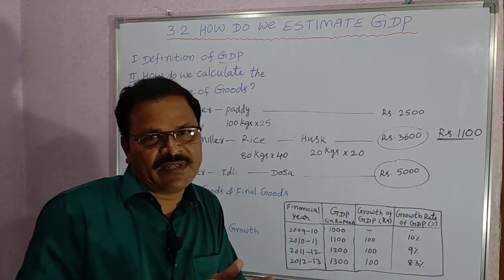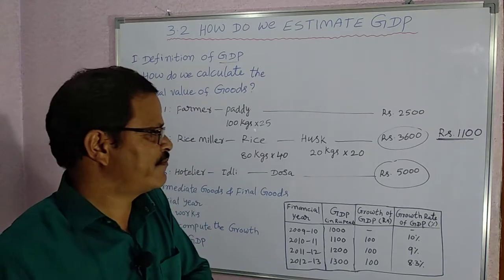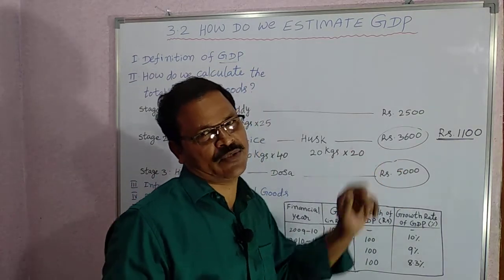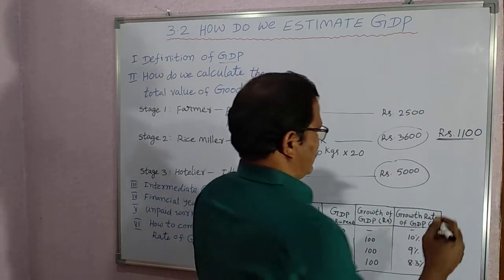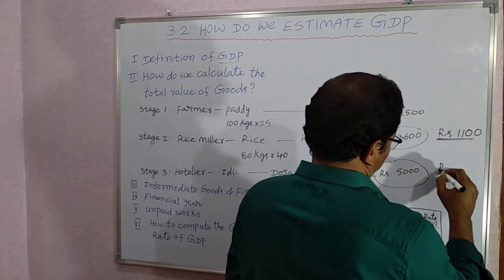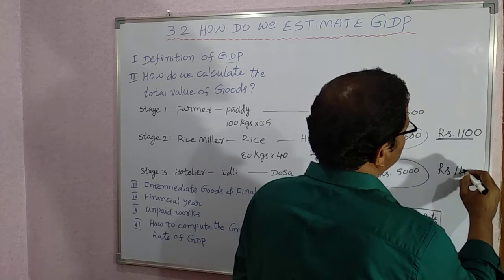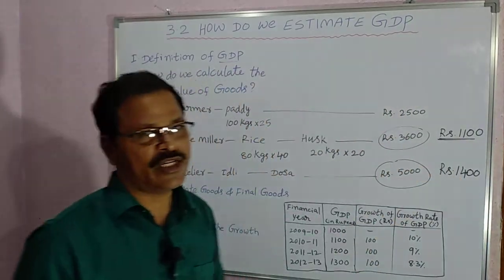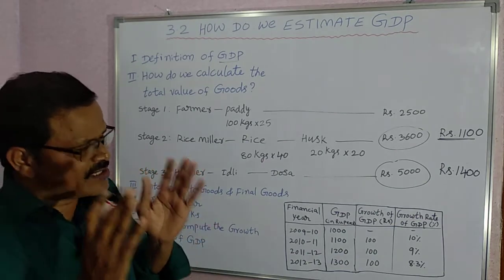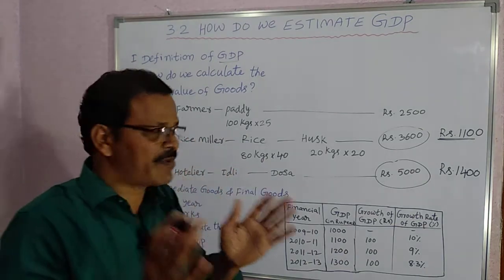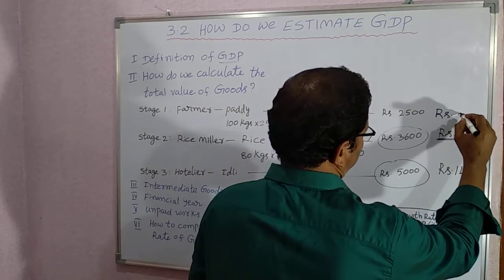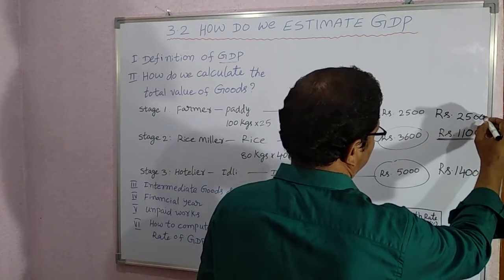What is the difference between these two stages? 5,000 minus 3,600 rupees is 1,400 rupees.